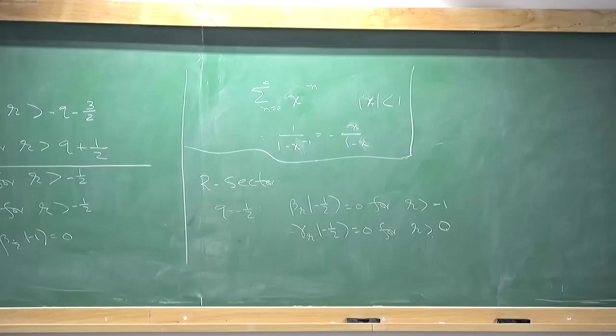Yeah, so here r is there, but there is a +3/2 and +1/2. So in the Ramond sector, r is integer. So the expansion is half integer, right? So this has to be half integer.